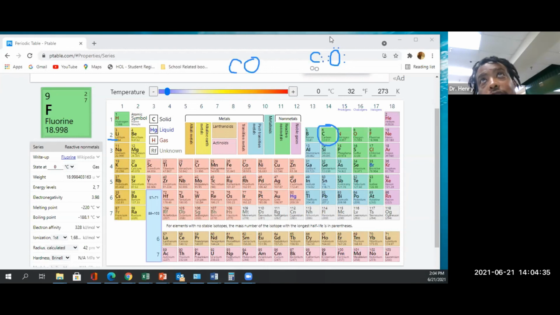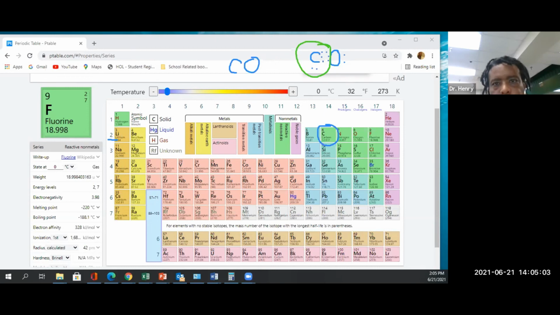But what if we get another set from oxygen and we move that to the middle? How many do we have around carbon now? 8. We have 8, right? So that's 2, that's 4, that's 6, that's 8.